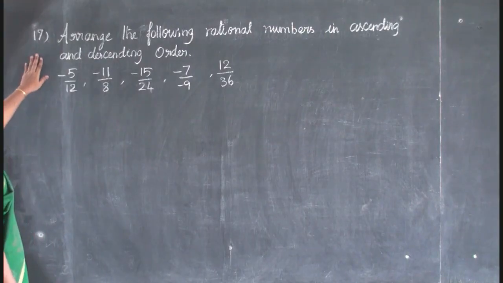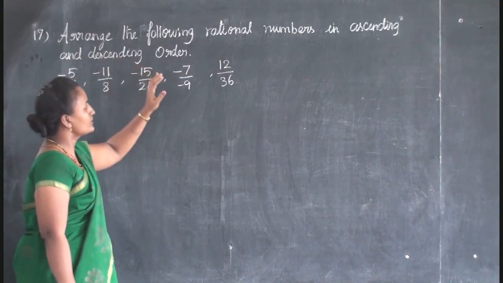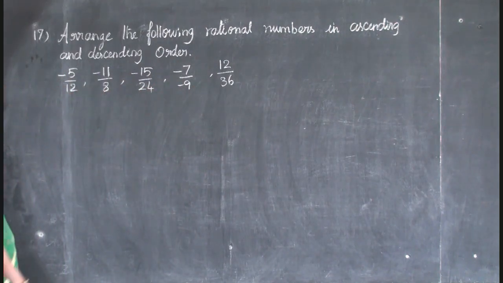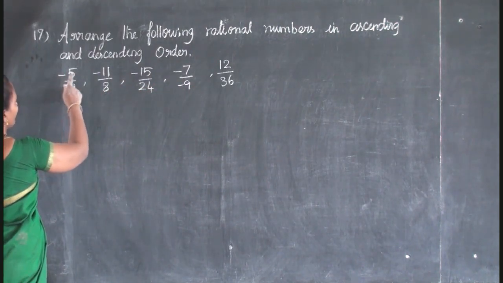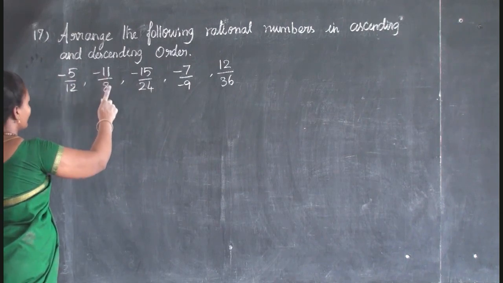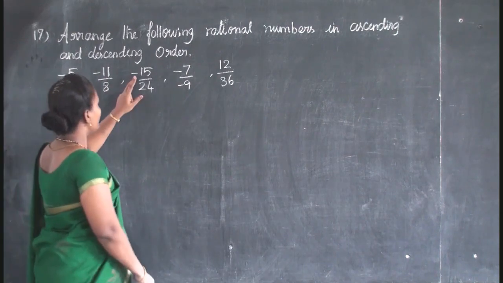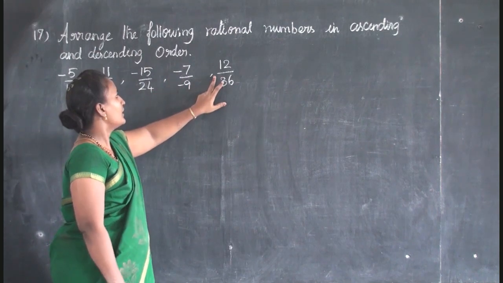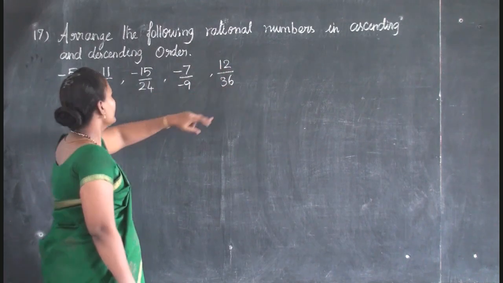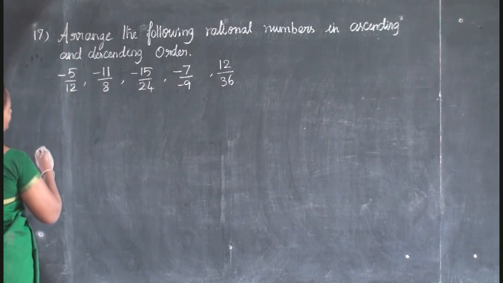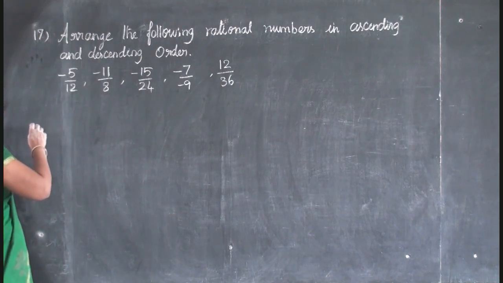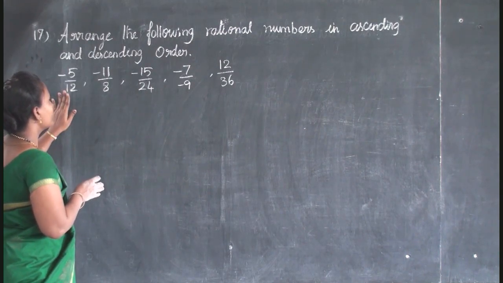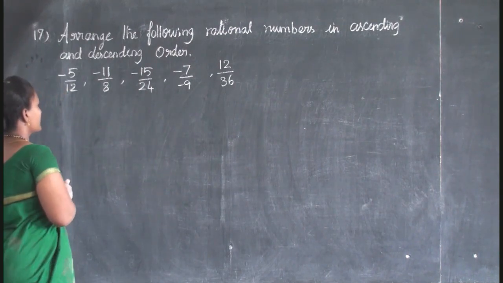Now the 17th sum. Arrange the following rational numbers in ascending and descending order. The numbers are minus 5 by 12, minus 11 by 8, minus 15 by 24, minus 7 by minus 9, and plus 12 by 36. I told you, whatever it is, you have to take the LCM to equalize the denominators first.